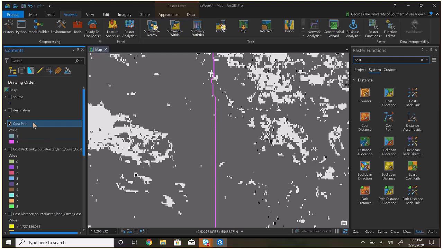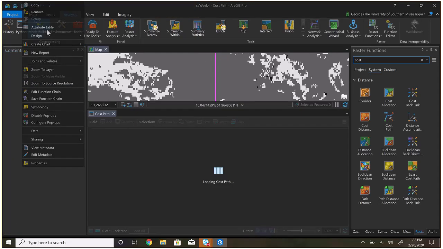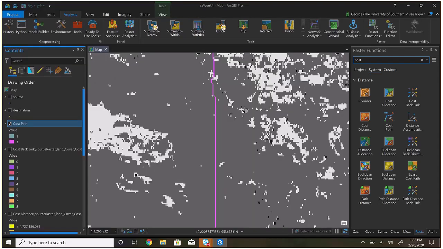And it's not in the attribute table if you did it as a raster function chain, which is the way I changed the lab over. I had the lab do raster function chains this time, and I need to modify the lab because the lab says, hey, you can look in the attribute table to find out what the total accumulated cost is.